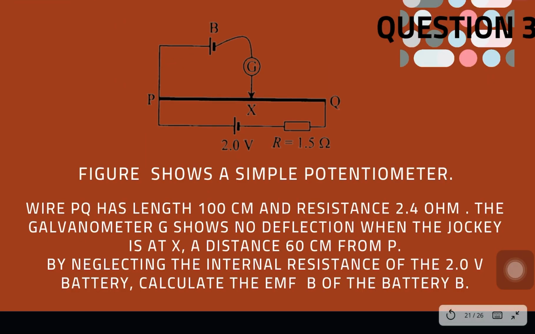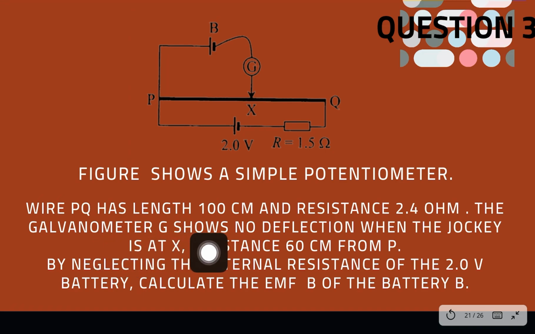So we move to the last question, where the question is about potentiometer. So we have a simple potentiometer where wire PQ has length of 100 cm and resistance of 2.4 ohm.